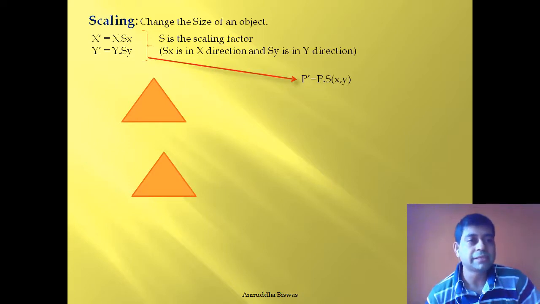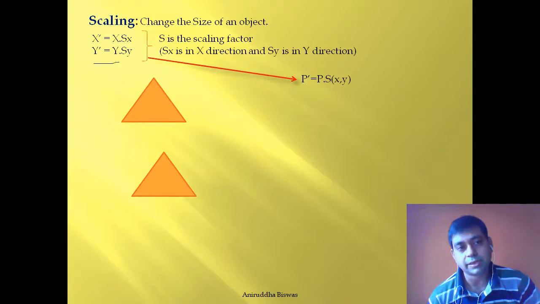So if we multiply Sx with the old coordinate value of any point P, so x into Sx, that will determine the new value of x. So x dashed is the new value, so x dashed is equal to x into Sx, and y dashed is equal to y into Sy. So this is how the calculation is done.